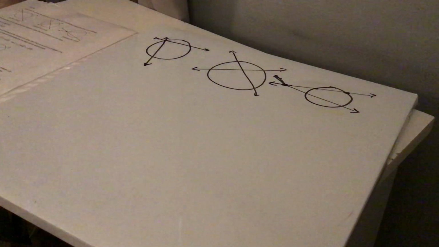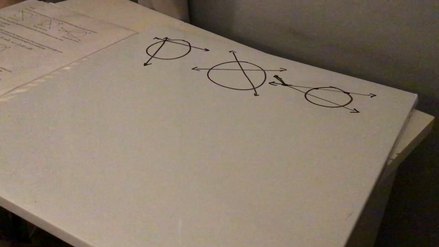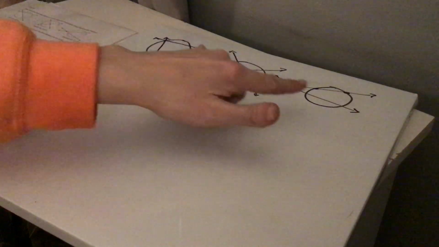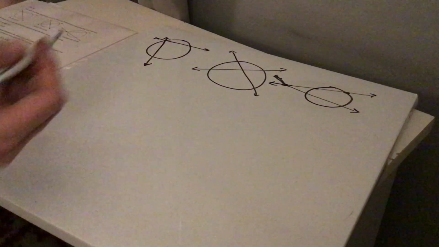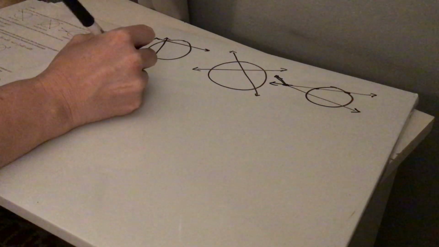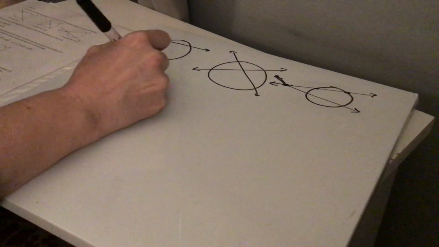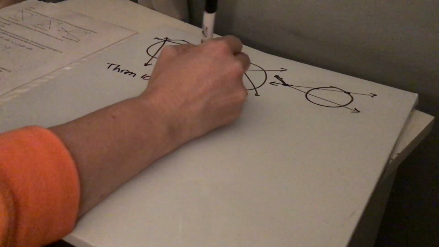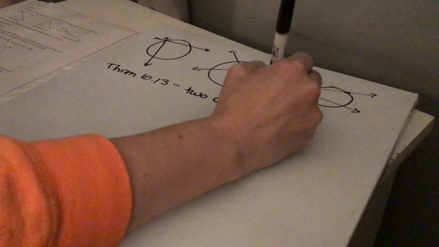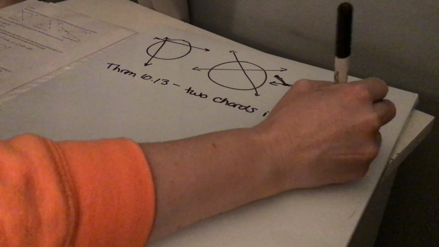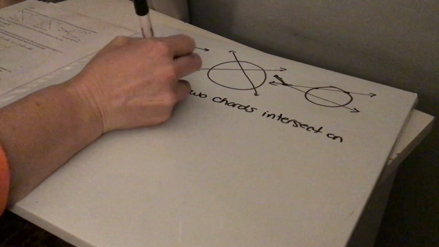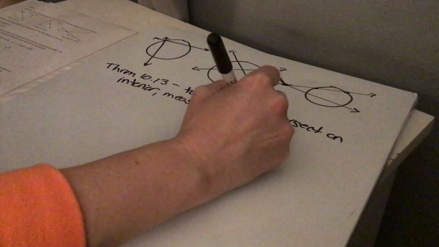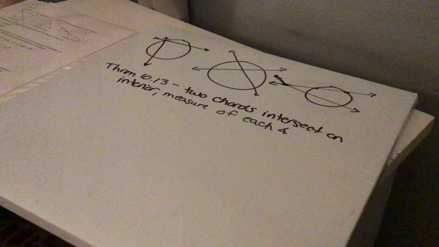Last lesson and theorems 10.12 tell us how to find an angle and an arc measure if they intersect on the circle. Now we're looking at these two in 10.13 and 10.14. Theorem 10.13 tells us that if you have two chords that intersect on the interior, then the measure of each angle, you actually end up having four angles here.